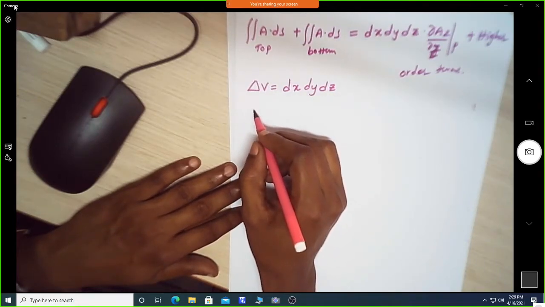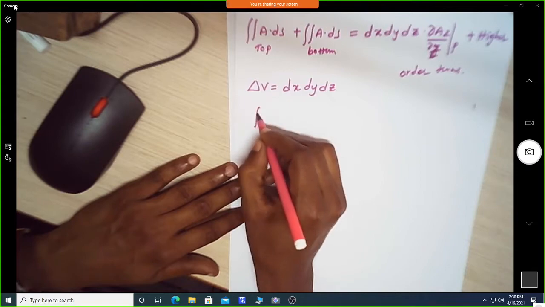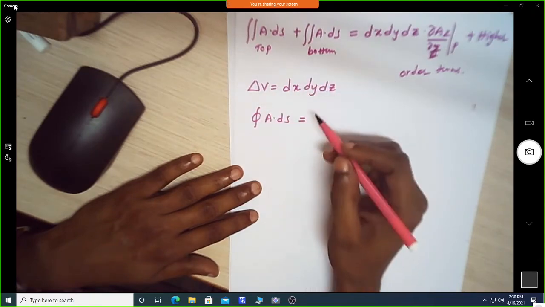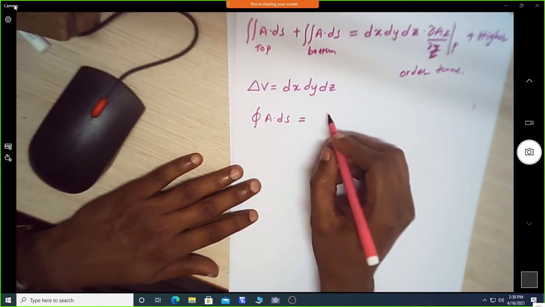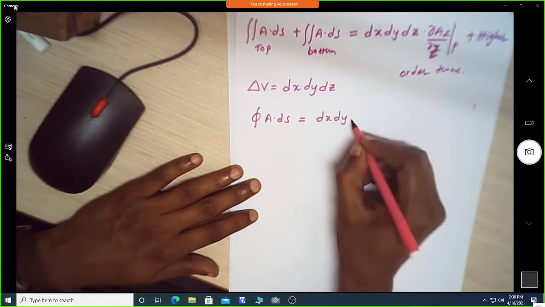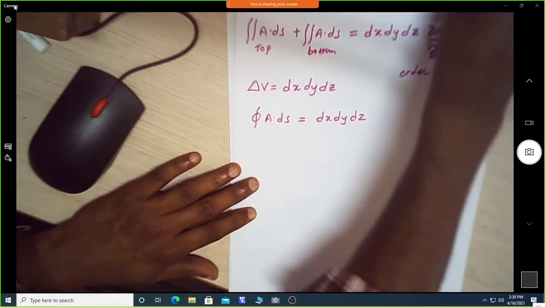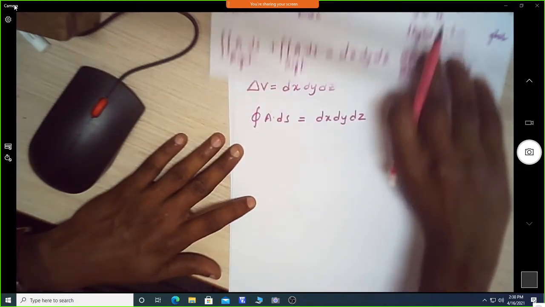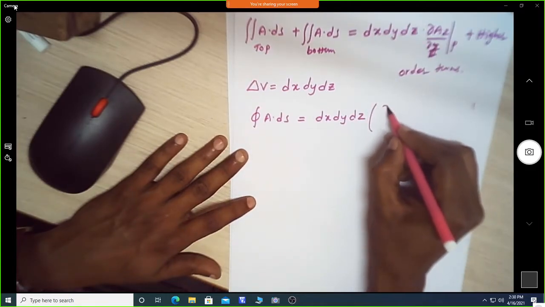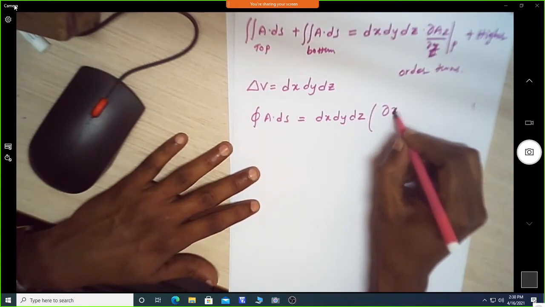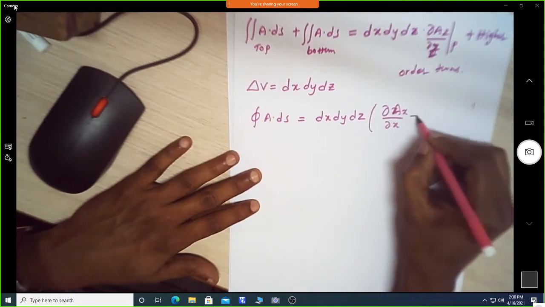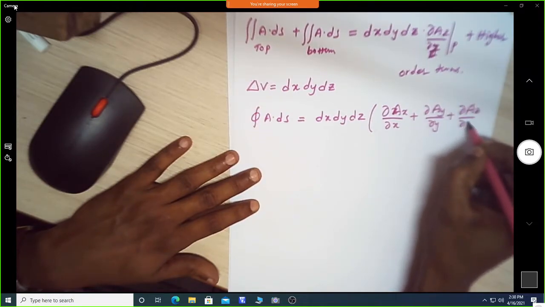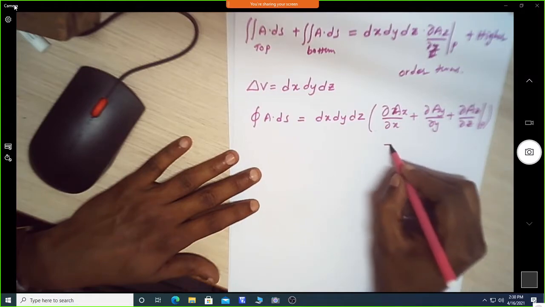So to get the closed integral of A dot ds, it is the combination of all those terms. Here dx dy dz is common to all. The remaining terms are del Ax by del x plus del Ay by del y plus del Az by del z at point P plus higher order terms.